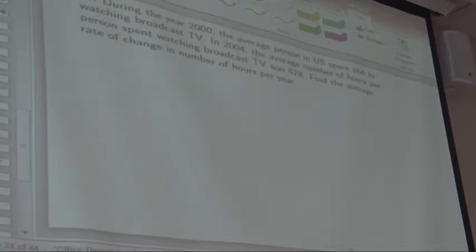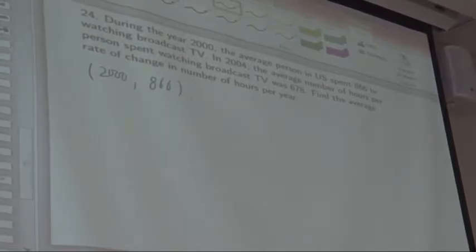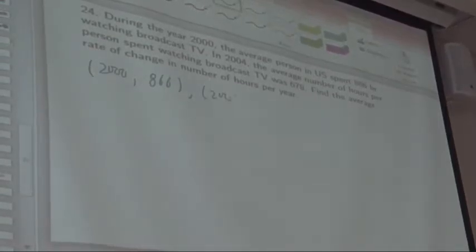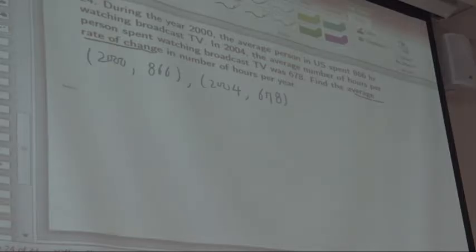Now in 2000, the average time is 866 hours, and in 2004 it is 678, and we're going to find the average rate of change.